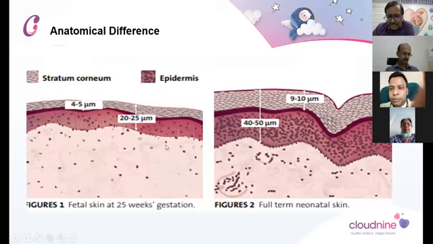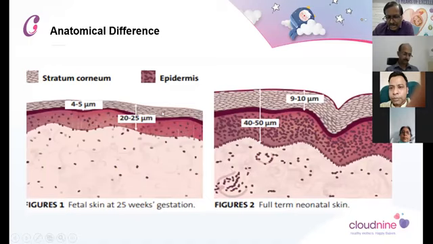Let's see the differences between a 25-weeker preterm baby and a full-term 40-weeker baby. As you can see here, the stratum corneum is very thin, only 5 micrometers. But here, in the term baby, the stratum corneum is thick, almost double the size.